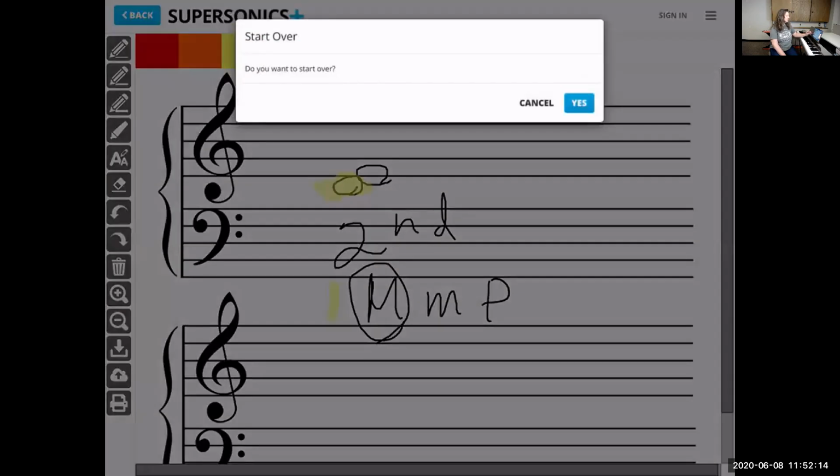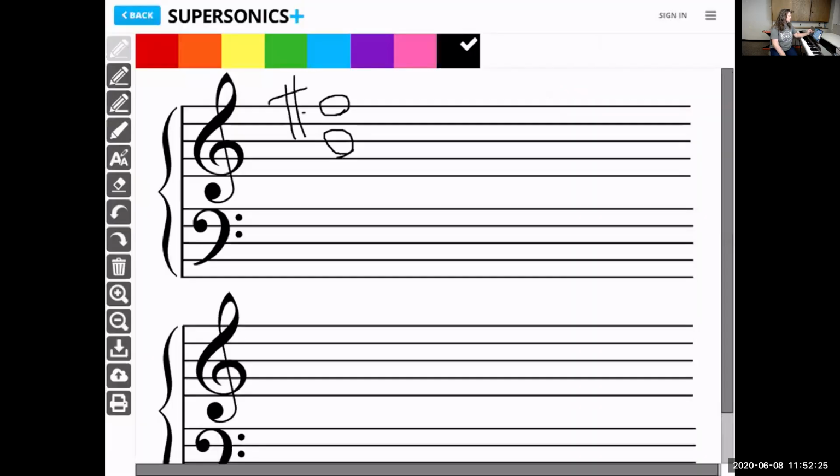Last one. So we're starting on B in the treble clef. We have an F sharp on the top. And again, first of all, just ignore the sharp. I'm looking for the number of the interval. I know that the interval here is a fifth.